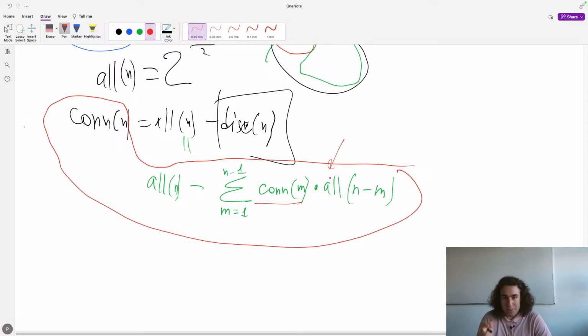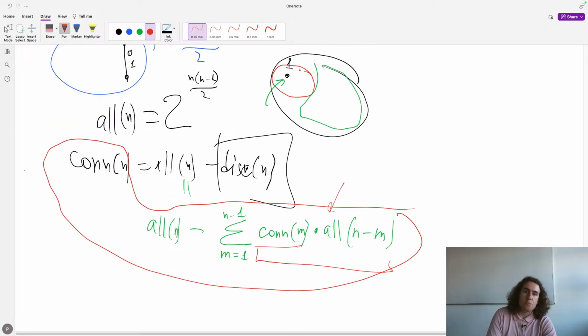This is very similar to a convolution, right? This is m, this is n minus m. The only problem is that it relies on itself. Wait, actually I think this formula is not correct, because I not only need to create a connected component on m vertices, I first need to choose which vertices are going to be in the connected component of 1.